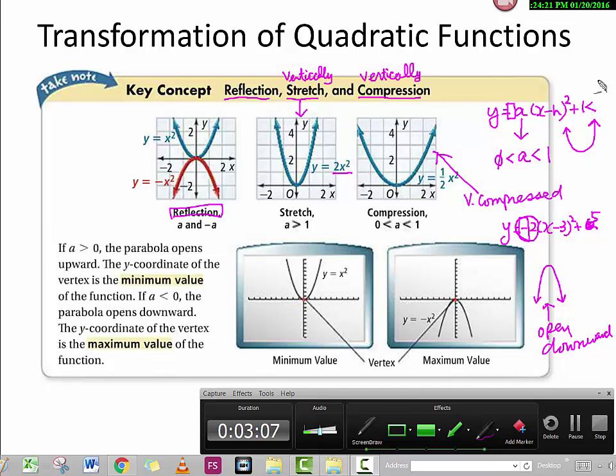And this one we refer to as open upward. When the curve opens upward like this one, we have a minimum value, which is the vertex. But if the curve opens downward, we have a maximum value, which again is the vertex.